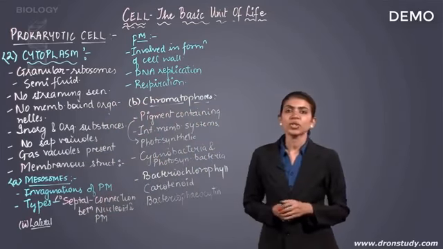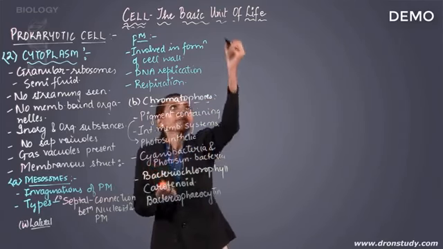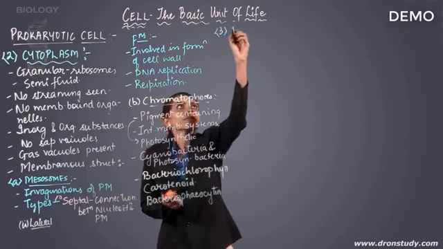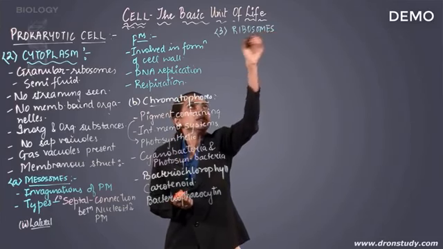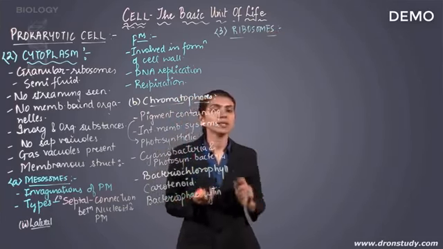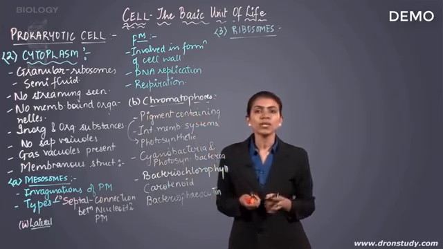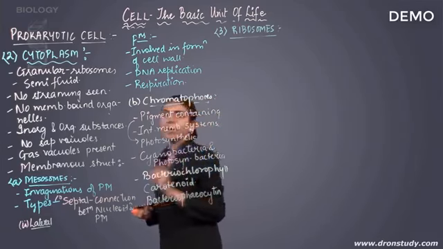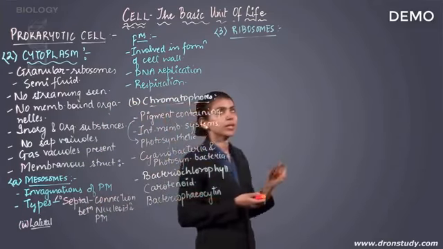Coming to the next structure, which are the ribosomes. So we come to structure number 3, that is ribosomes. As mentioned earlier, the cytoplasm is granular in the prokaryotic cell because of presence of ribosomes. So what are basically ribosomes? Ribosomes are made up of ribonucleic acid and proteins.